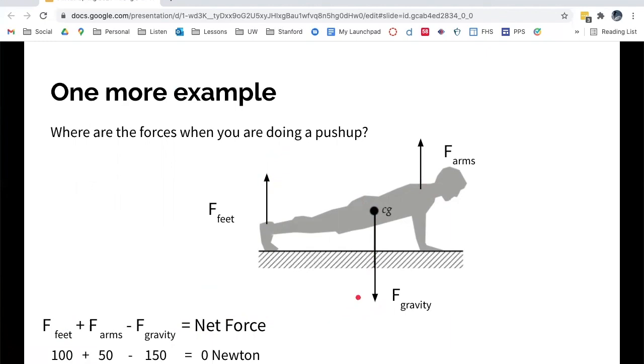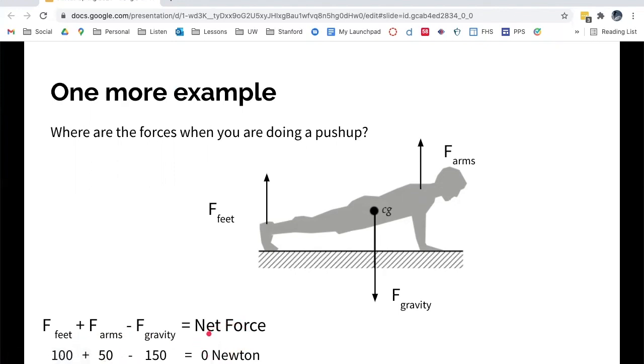And if you wanted to actually then do the push-ups, you would relax your arms a little bit to make this number smaller, right? You'd go down. And then if you wanted to accelerate back up, your arms, you would have to push more than 50 newtons of force, and the combined force would be more than gravity, and you'd be able to push yourself back up.